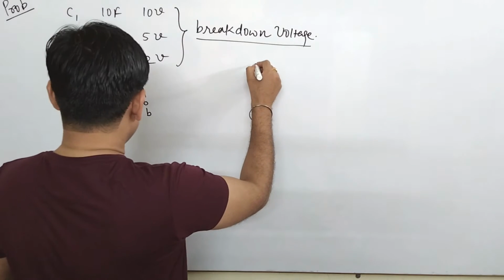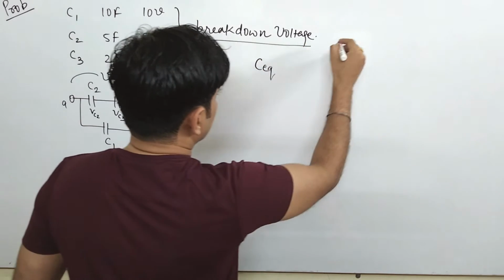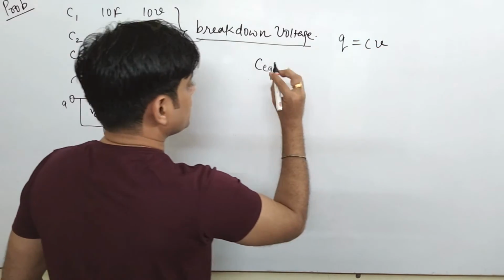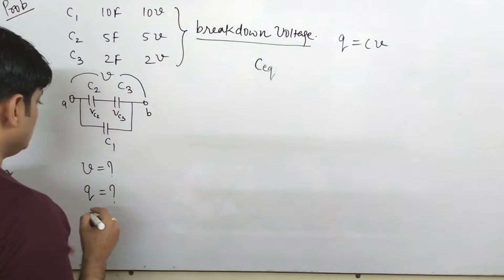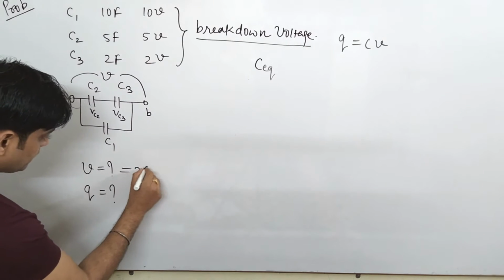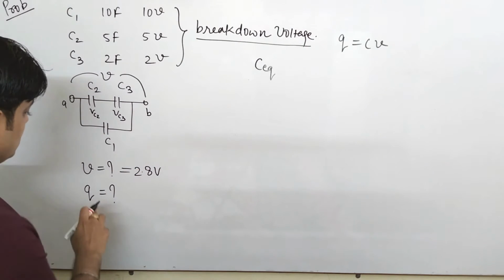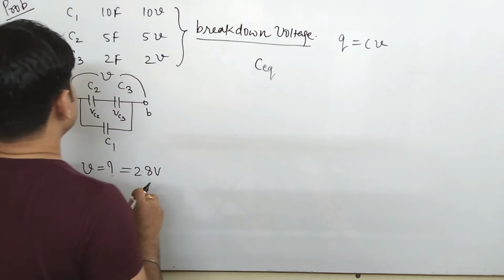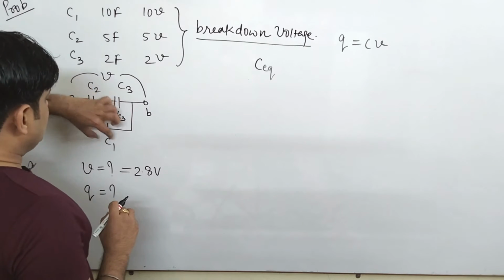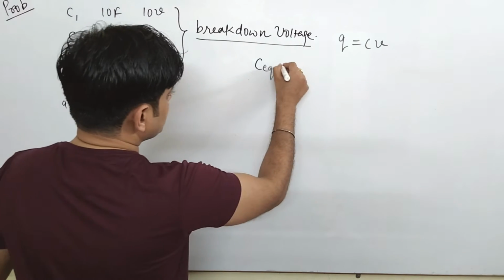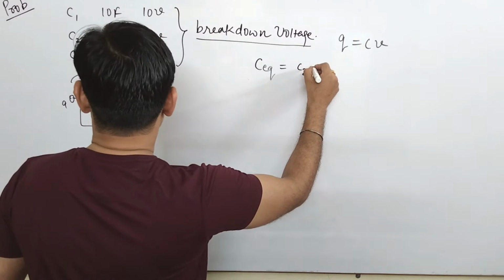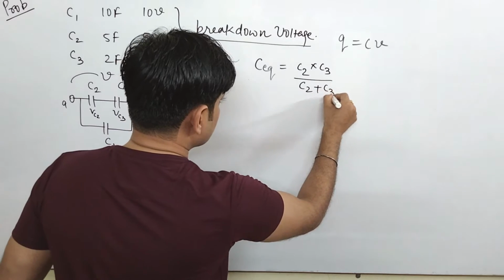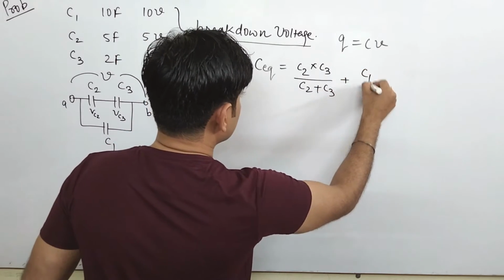Now we have to find the value of C equivalent, because we know Q is equal to CV, and the value of V, which we have already found as 2.8 volt. We have to find the value of Q. For finding C equivalent, please see, C2 and C3 are in series. So you can say C2 into C3 upon C2 plus C3, plus C1.